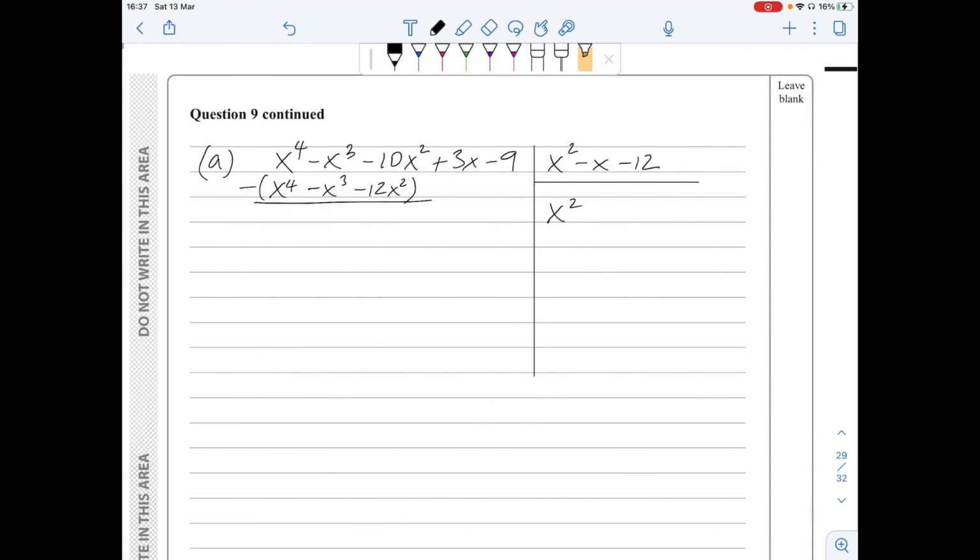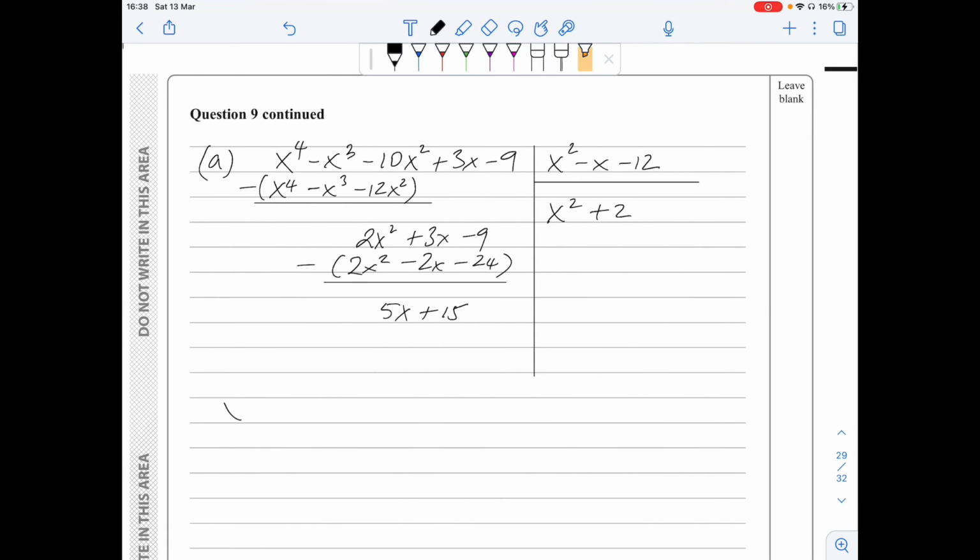I will subtract and get 2x² + 3x - 9. Then x² into 2x² goes 2 times. So I have 2x² - 2x - 24. Again subtract, and I get the remainder of 5x + 15.